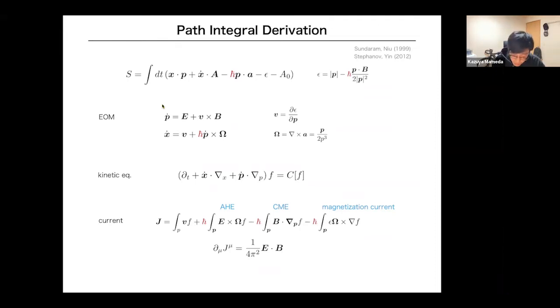Also, the energy dispersion is modified like this, and this second term is nothing but the magnetization coupling of the fermion.